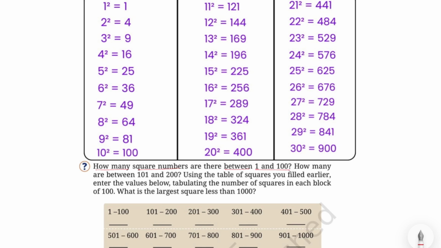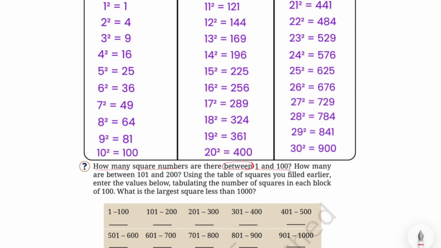Here between is given, so we will not consider 1 and 100. If it is given to find how many squares lie from 1 to 100, in that case we will include 1 and 100. So if it is given from and to, we will include 1 and 100.